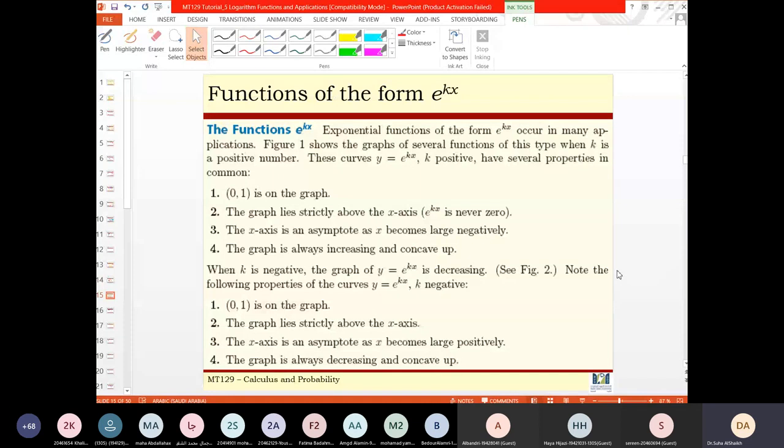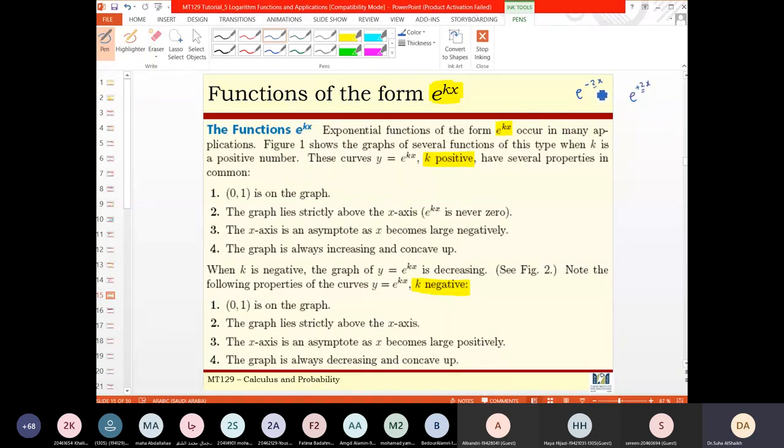Now let's talk more about how to graph the function e to the power kx. When I have an exponential function to the power kx, the term e to the power kx occurs in many applications. Now, this k may be positive and this k may be negative. I may have e to the power minus 2x or e to the power plus 2x.